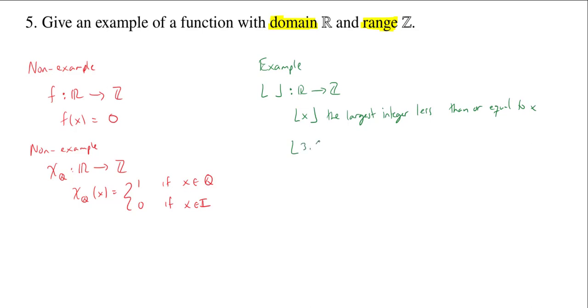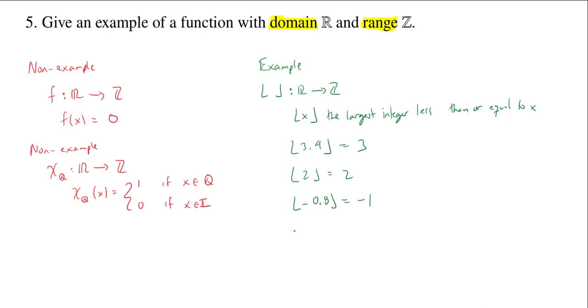So for example, the floor of 3.4 would return 3. 3 is the largest integer which is less than or equal to 3.4. If I had just 2, this of course returns 2. If I have negative 0.8, the largest integer which is less than or equal to this is going to be negative 1.